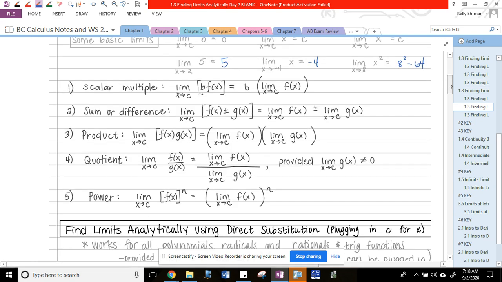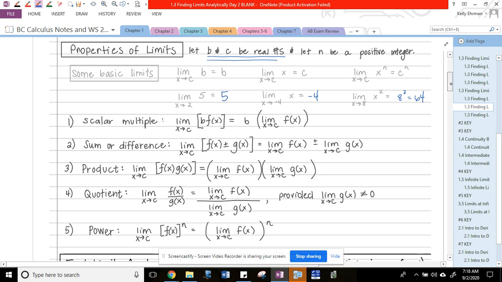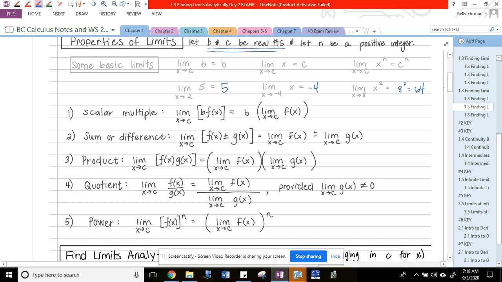You can also work with multiple limits and multiples of limits. Our first one is a scalar multiple. If I'm taking the limit as x approaches c of a function, and there's some constant out in front of the function, if it's easier, I am allowed to pull that out in front like this, take the limit as x approaches c of the function first, so direct substitution, and then whatever that answer is, multiply it by b.